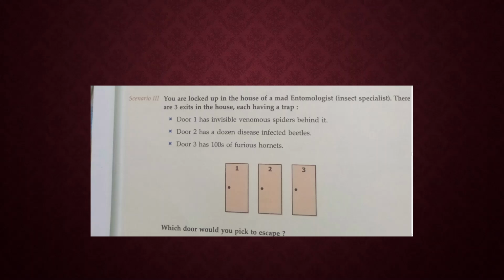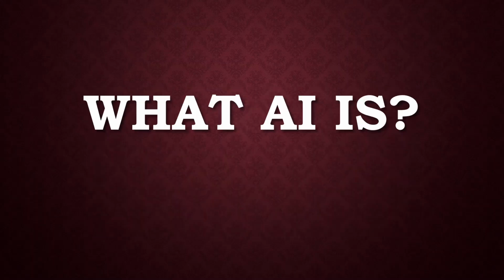Which door will you choose to escape? So you can escape from the second door, as beetles can be crushed beneath your boots. So these were some questions in which you need to use intelligence and decide which is the answer. Now we will move on to our next topic, what AI is.